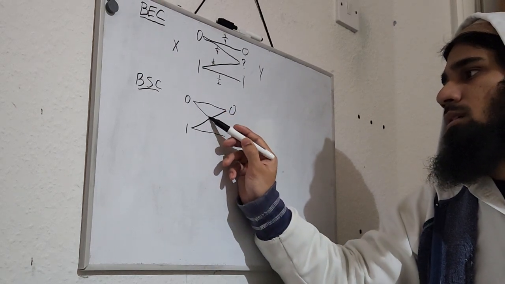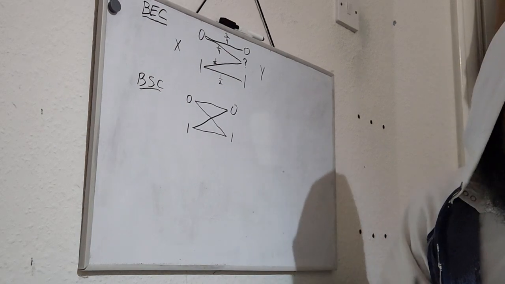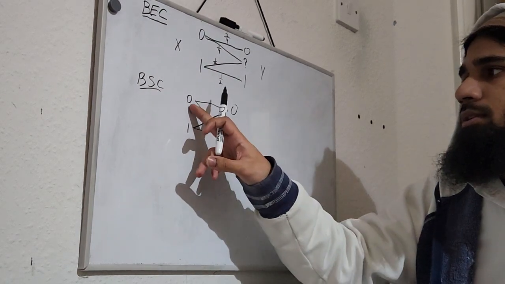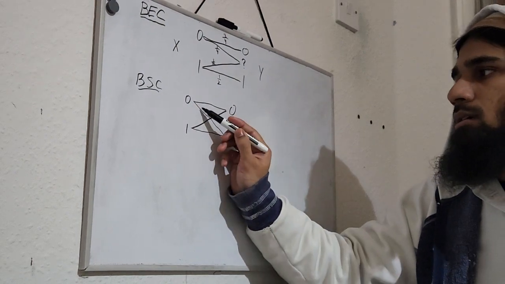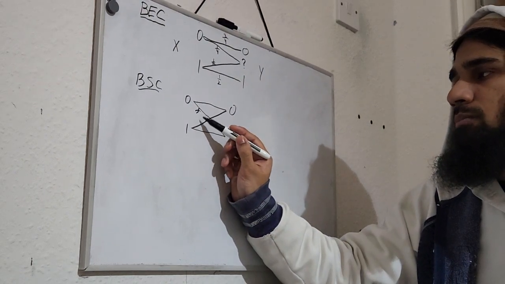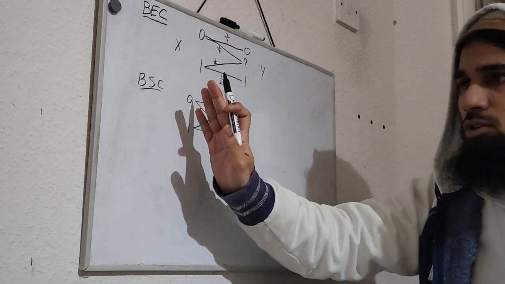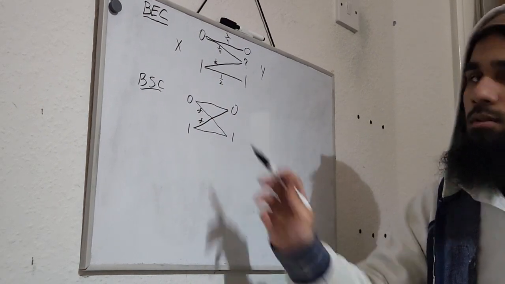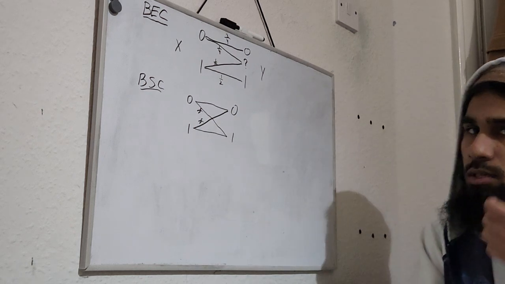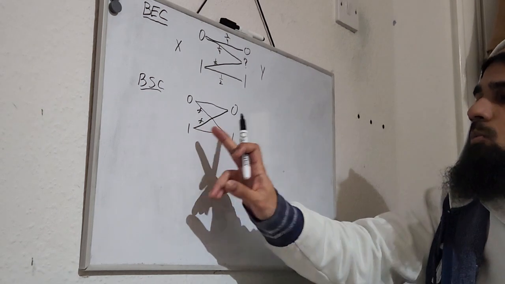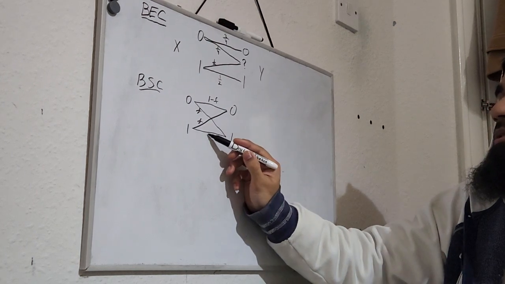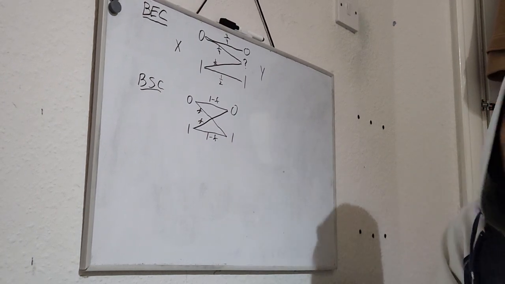You send a 0, you might end up with a 1. That's an error, right? So we say that probability is F. The probability of you sending a 0 and getting a 1 is F. And the opposite, the probability that you send a 1 and get a 1, would obviously be 1 minus F.